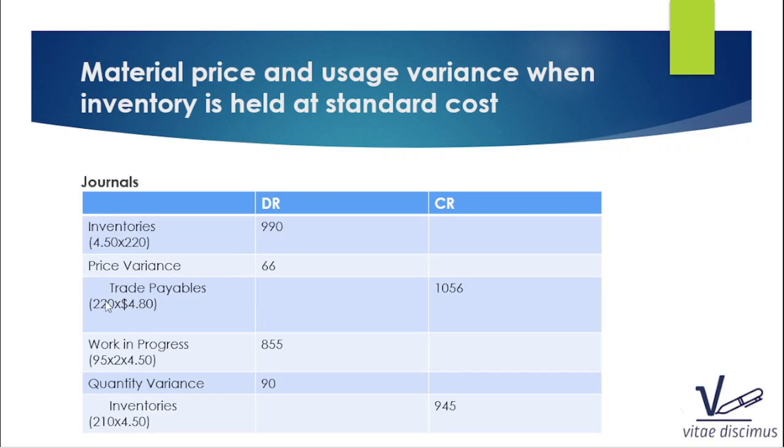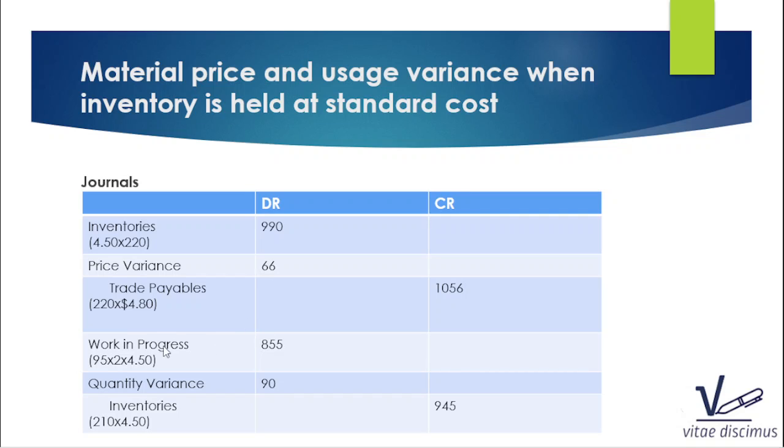The 220 units times the $4.80, our actual price that we are expected to pay our payables, against a standard cost of 4.50 times 220, which is 990, gives a difference of $66. That difference is our price variance.